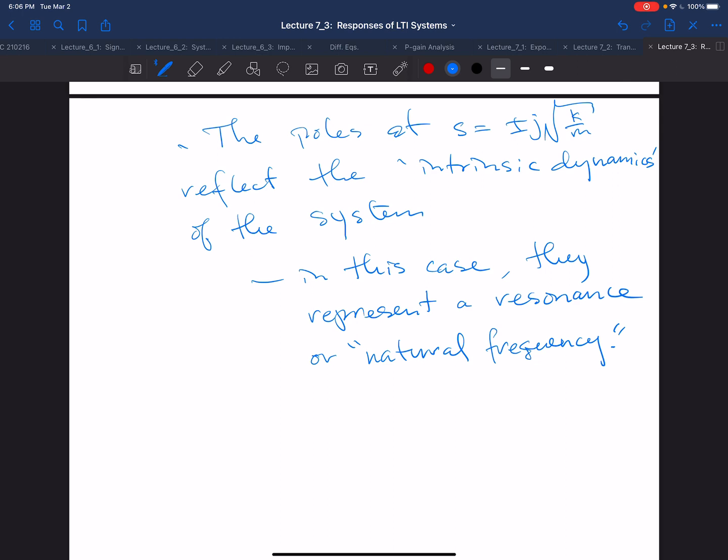So again, the idea here is that poles capture key features of the intrinsic dynamics of the system. And in this case, again, you can rewrite the impulse response as 1 over the square root of mk times a simple sinusoid. So it's the sine of the square root of k over m t.